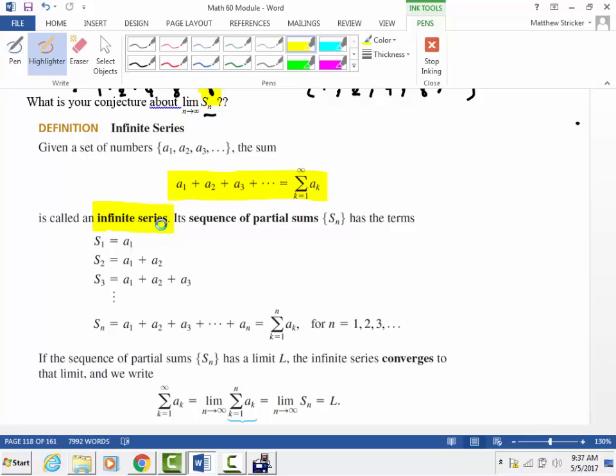But what if we had 1/2 to the n? 1/2 to the n, the graph of that looks like what? The first term would be 1/2, the next term is going to be 1/4, the next term is going to be, what does it look like this is doing?